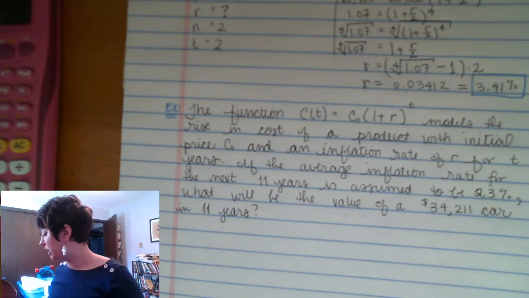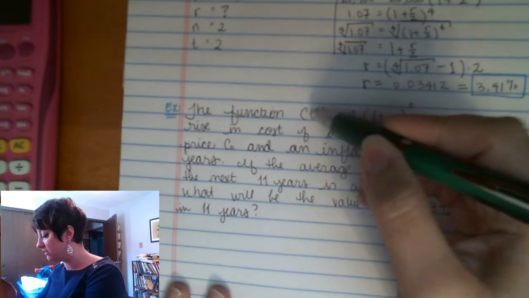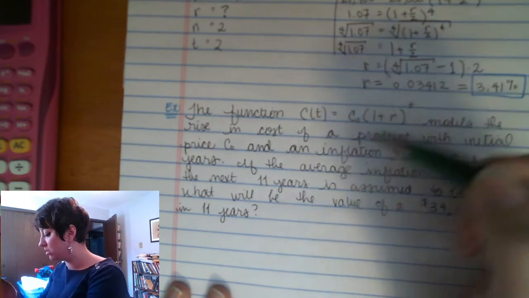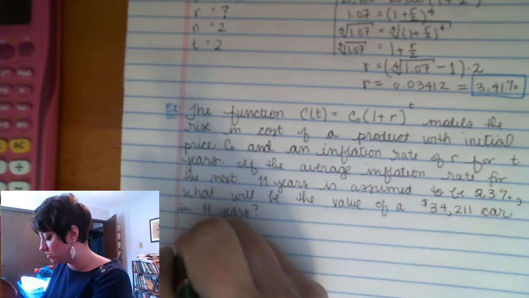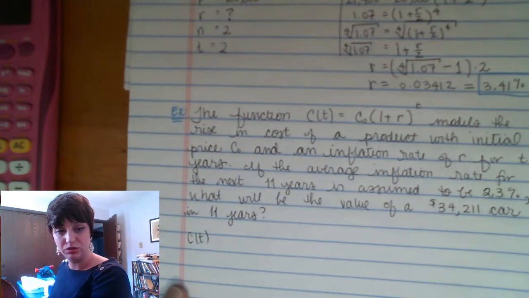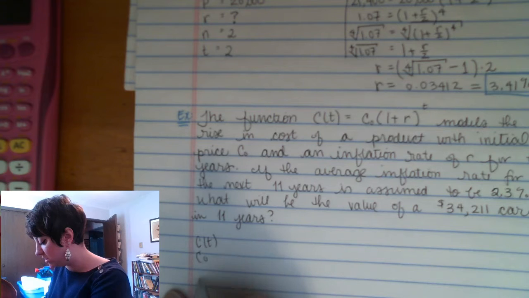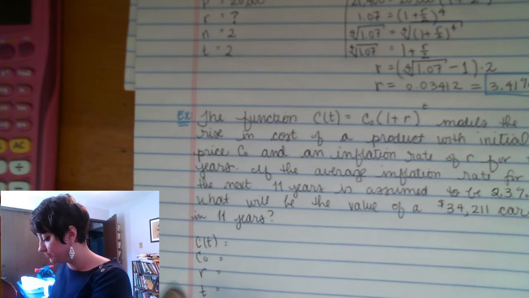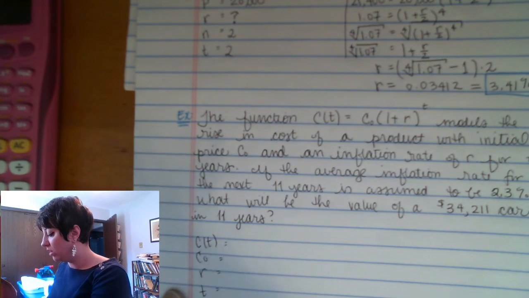All right, so how do you do this? So I've got a C of T, a C naught, an R, and a T. So let's write those down. I have C of T, C naught, R, and T. All right. We want to know what is the price.